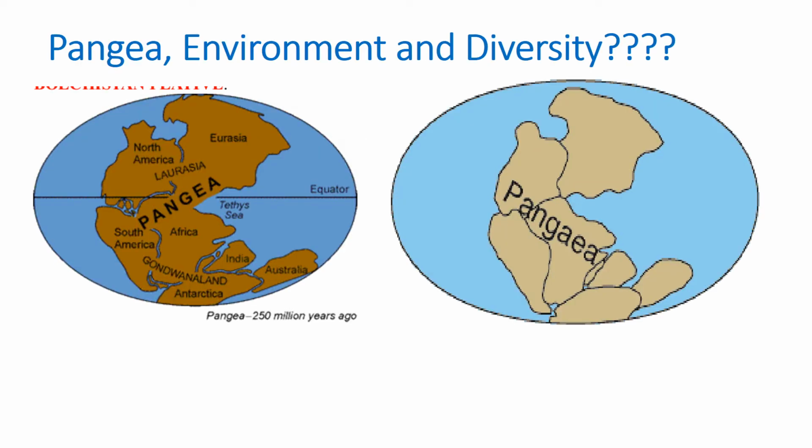The edges of Pangaea were also very close to the South Pole and North Pole, and they experienced a bit cooler condition as compared to the tropical portion of Pangaea.